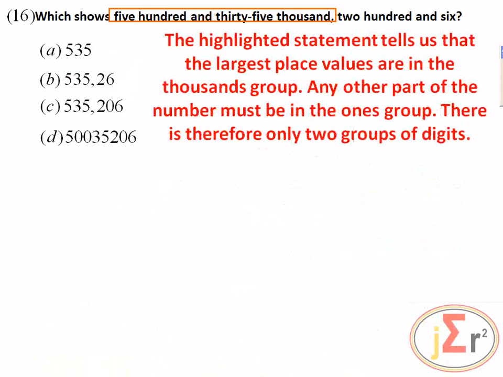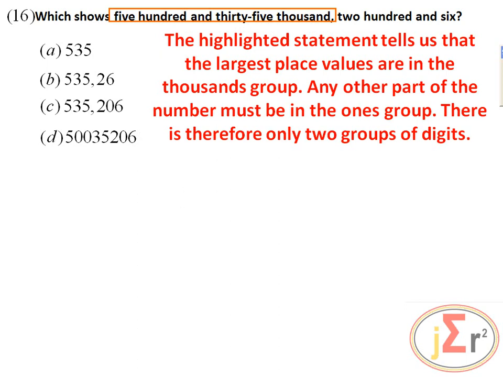535,000. The highlighted statement tells us that the largest place values are in the thousands group. If you look here, you see that 535,000. So the largest place values that we have here are in the thousands group.